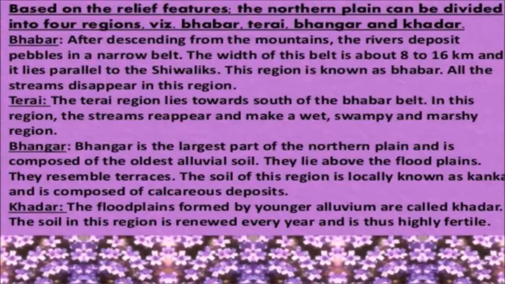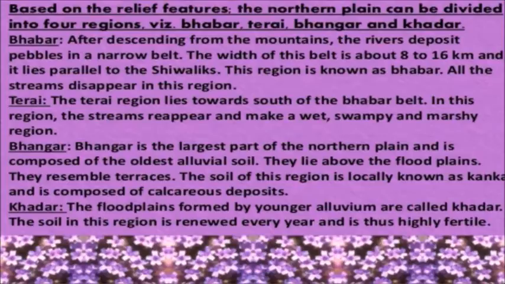The rivers, after descending from the mountains, deposit pebbles in a narrow belt about 8 to 16 kilometers in width, lying parallel to the slopes of the Shivalik. This is known as Bhabar.